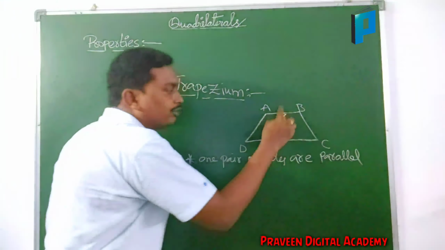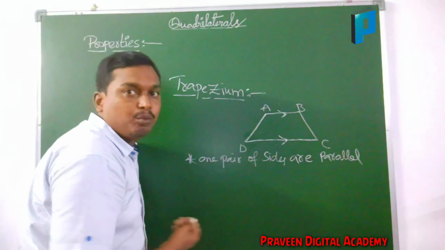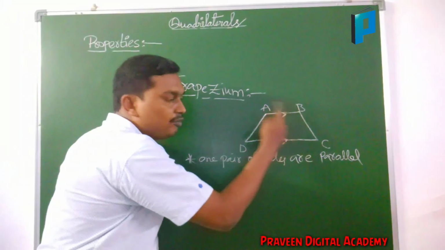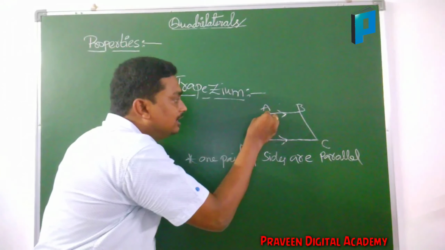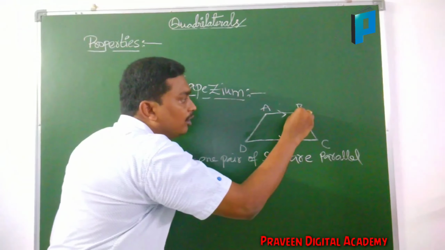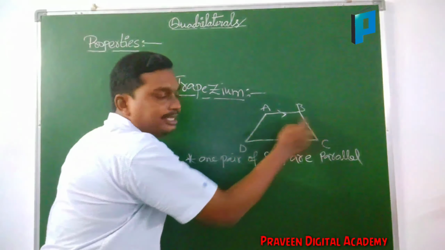If one pair of sides is parallel, we say that type of figure is a trapezium. And these are non-parallel sides.